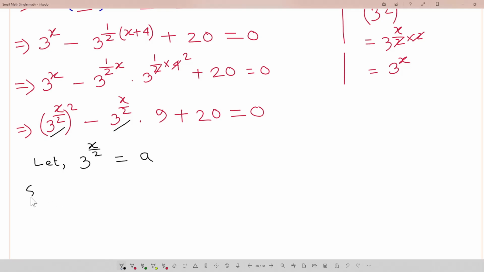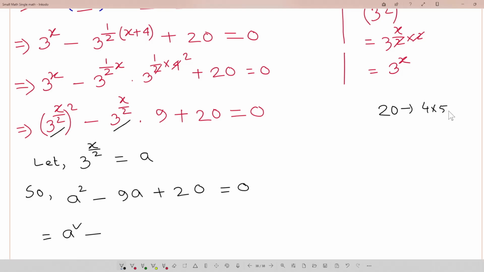So we can write a squared minus 9a plus 20 equals 0. For this quadratic equation, 20 if we factorize becomes 4 times 5, and 4 plus 5 is 9, so a squared minus 5a minus 4a plus 20 equals 0.